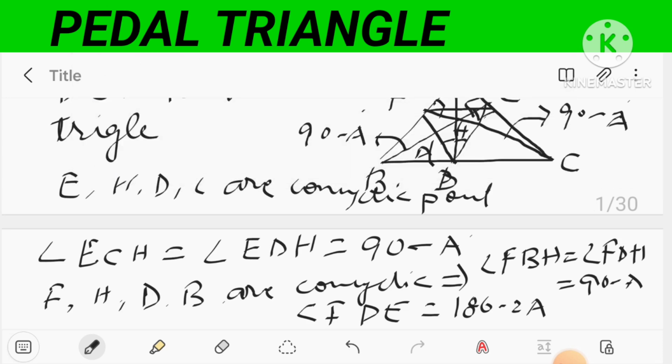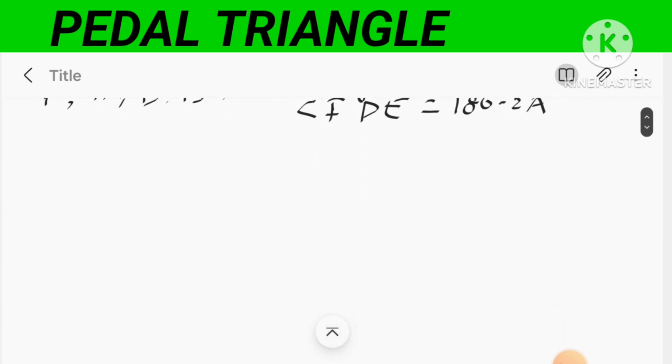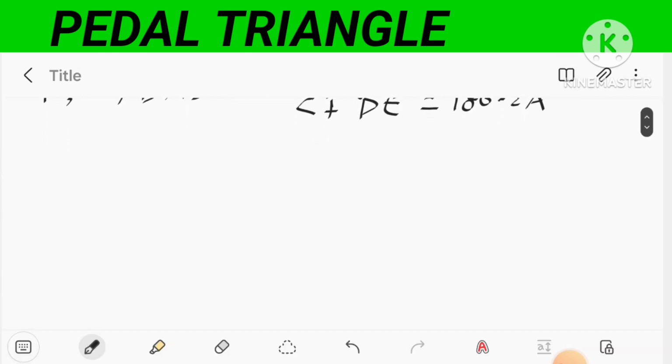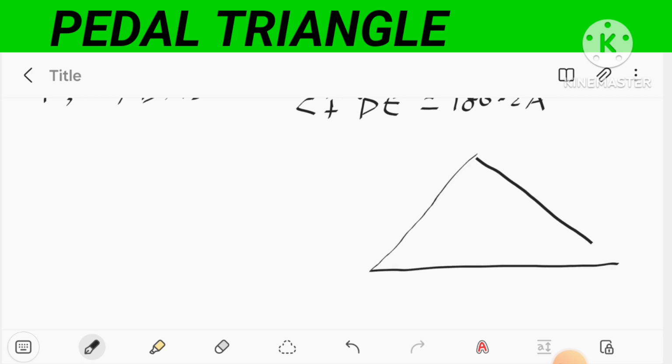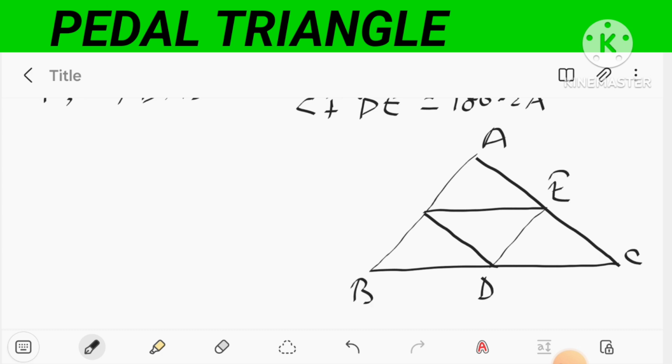In this way we get again a pedal triangle ABC, D, E, F. So this angle is equal to 180 minus 2A.